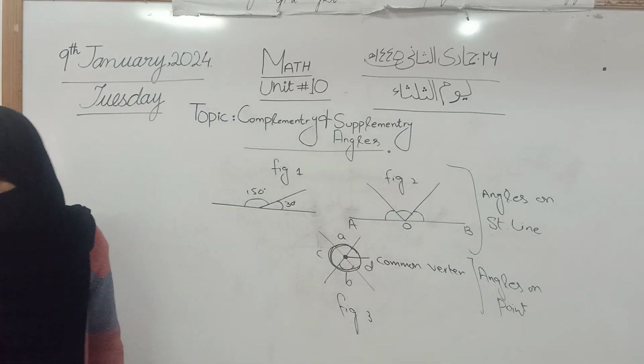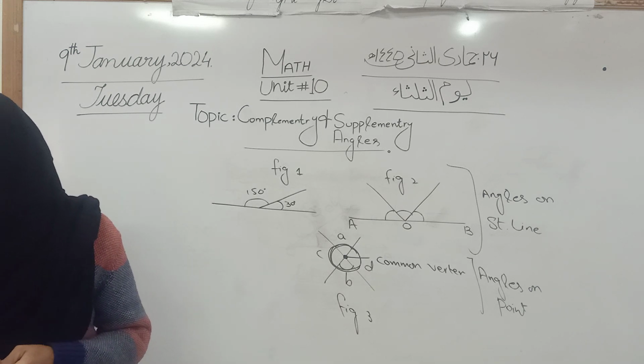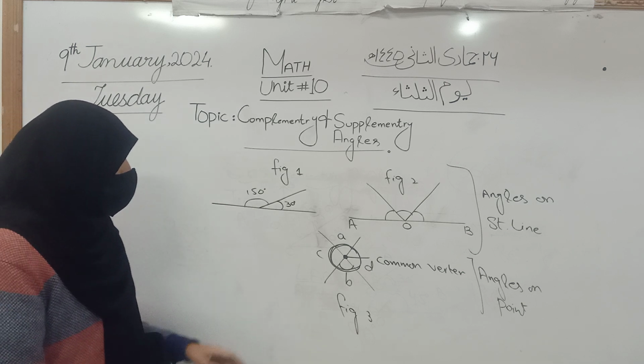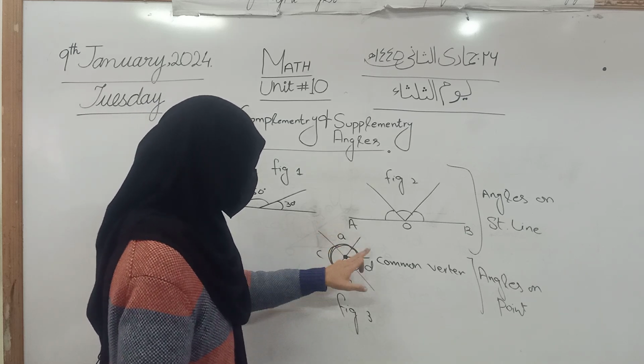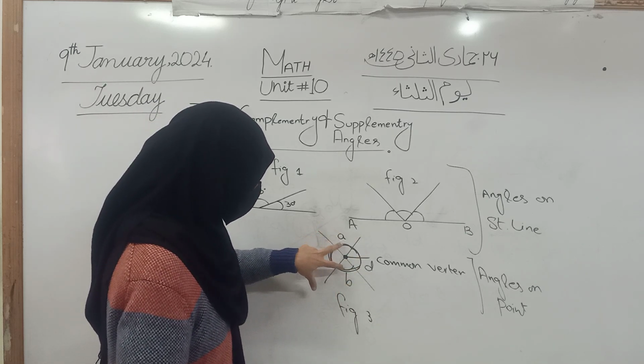Okay, is it clear to all of you what angles on a straight line are, what angles at a point are, and what vertically opposite angles are? Now you can see that all these angles are opposite, like the pair of angles will be opposite.